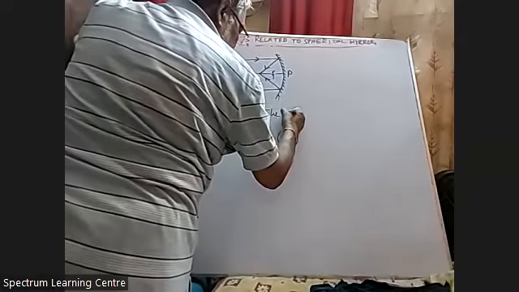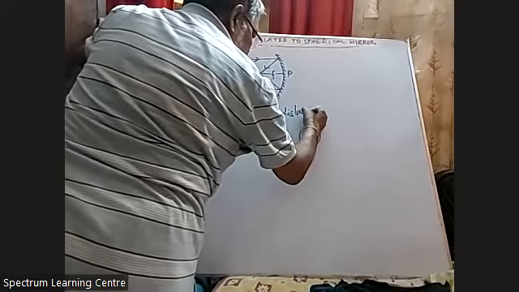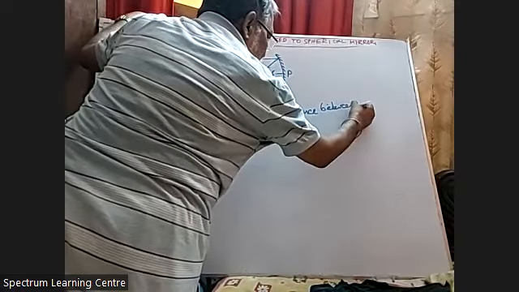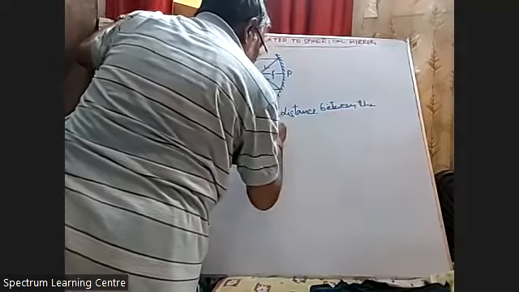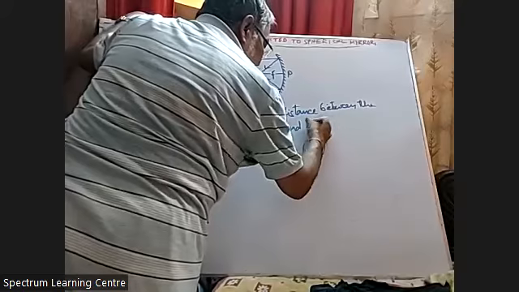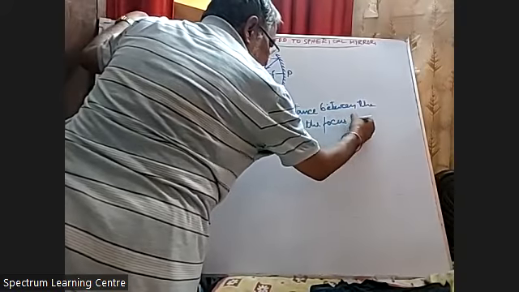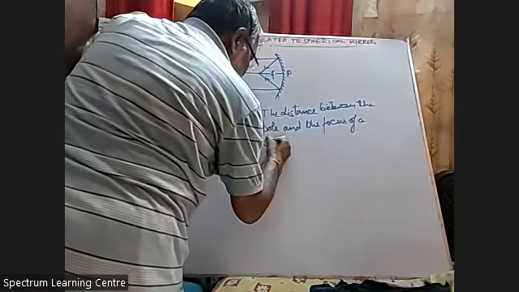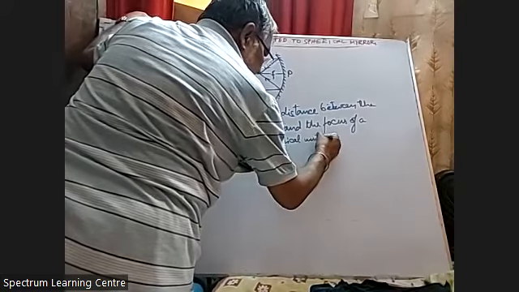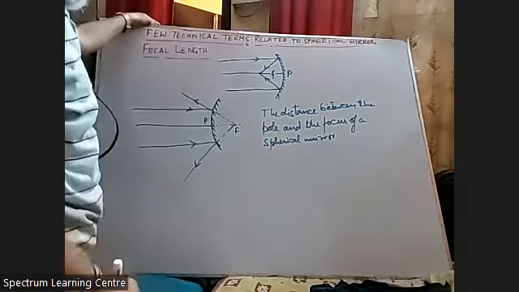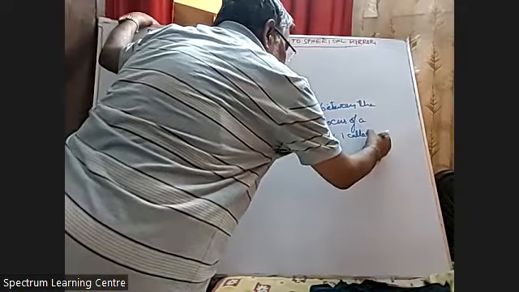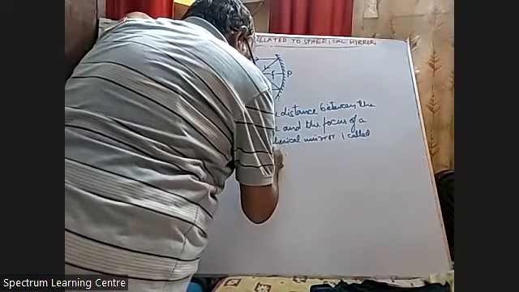The distance between the pole and the focus of a spherical mirror is called the focal length of the mirror.